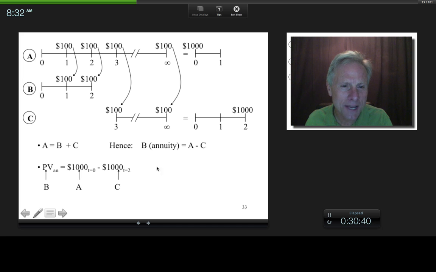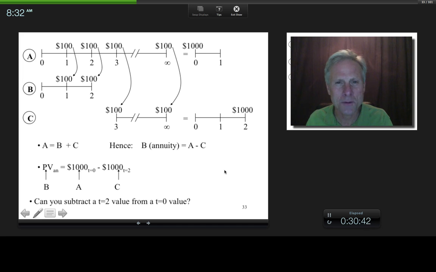But here's my question for you. Can I subtract a time 2 value from a time 0 value? I can't. That'd be like subtracting euros from yen. $1,000 at time 2 may as well be a different currency, so I can't do that. What I need to do is bring this $1,000 to time 0.